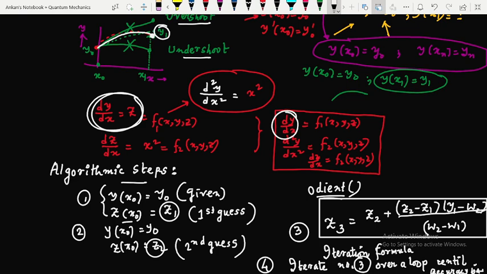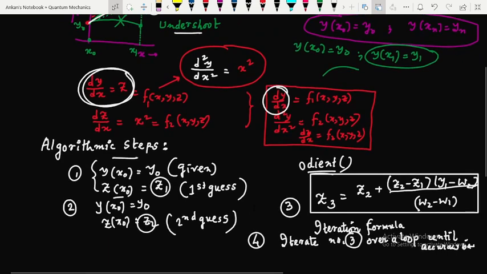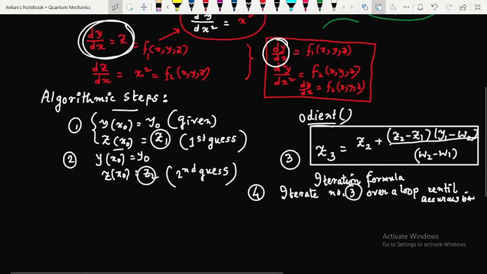I will show you with the help of a simple program to solve this equation. At first I will pick up a simple mathematical problem to solve, and next I will show you how a quantum mechanical problem or equation can also be solved easily with this shooting method.